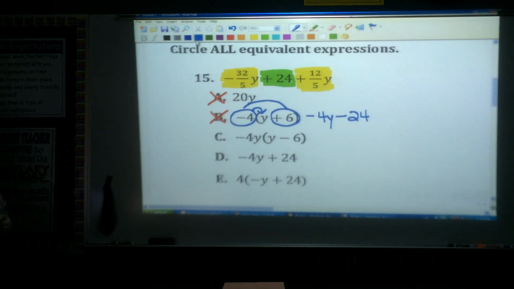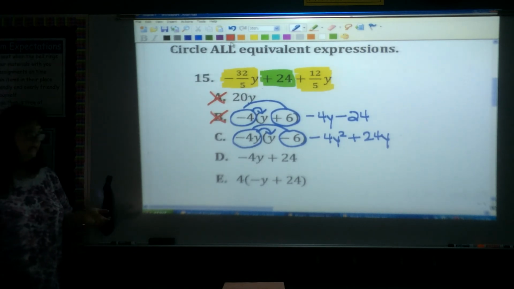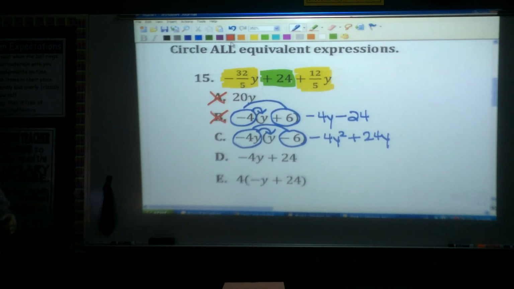Option C. I have negative 4y times y. Now that's going to give me negative 4y squared. And then I have negative 4y times negative 6. That's plus 24y. Now I don't need a 24y, I need a 24. So again, C is not an option.